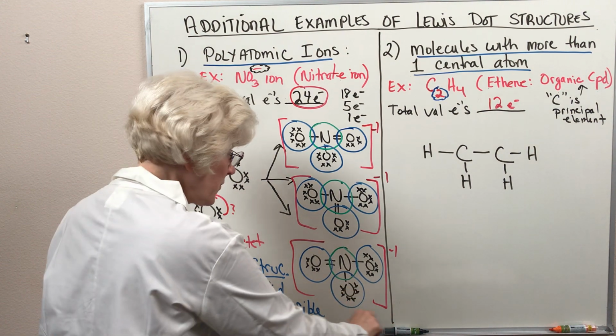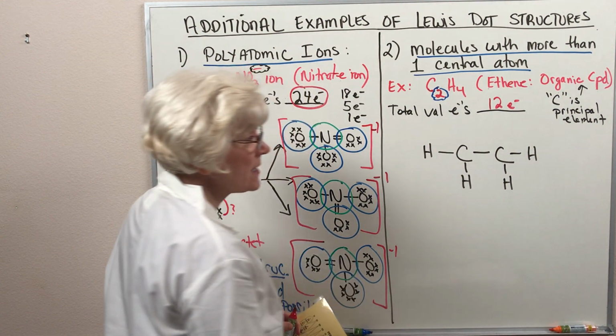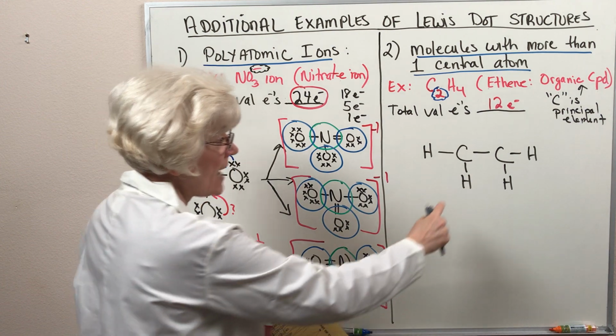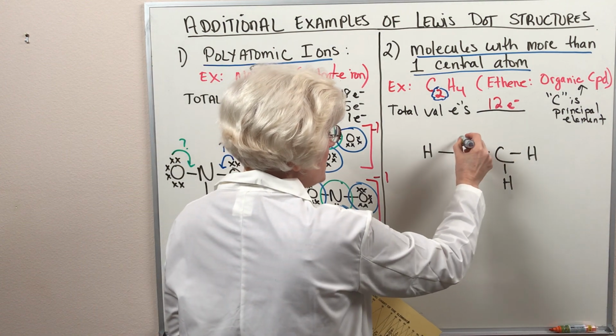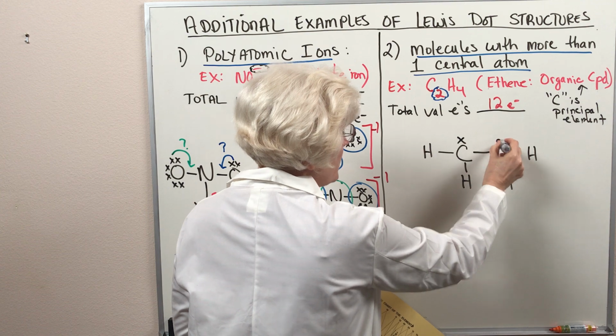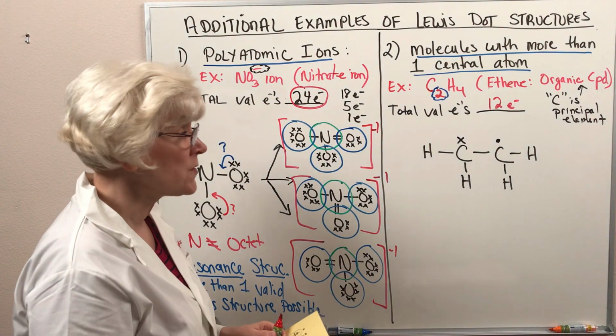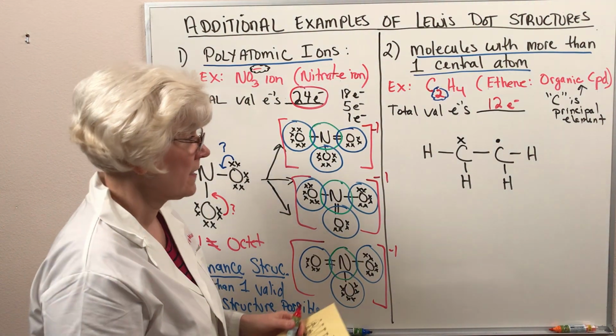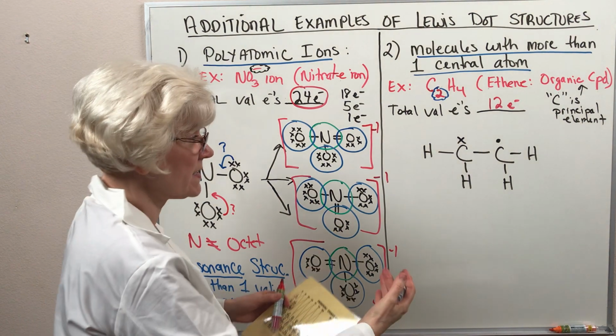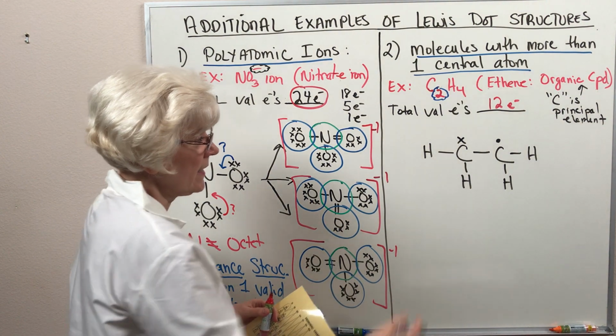So we have 2 extra electrons to place, and it's clear that they need to be placed on the carbon atoms because they do not have an octet. So let's just stop and see where we are right now.